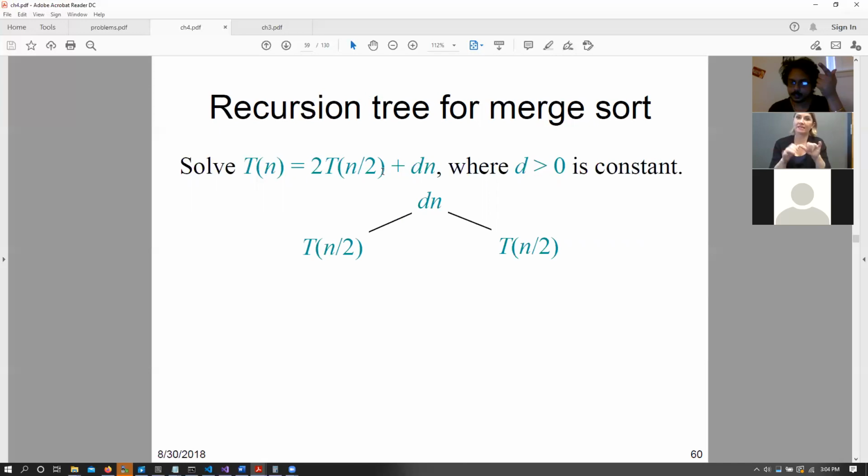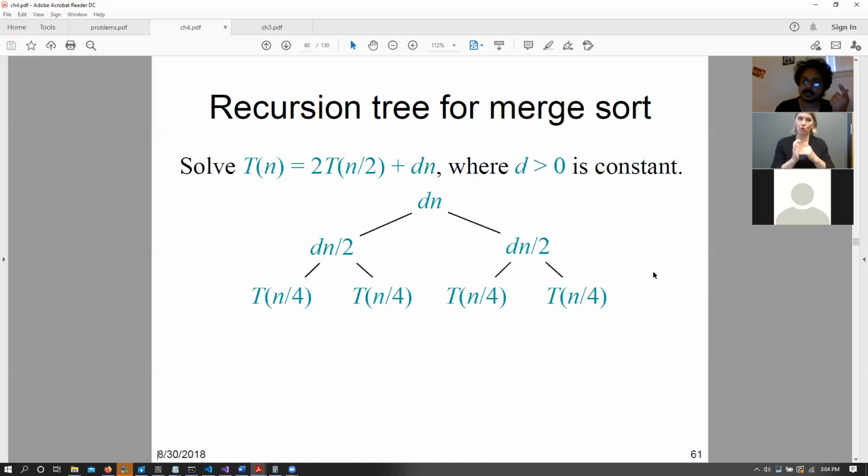We separate that into two halves, and in order to combine them together, we need a time complexity of D of n, right? Then for further recursion calls, we separate those arrays again into T n by 4, T n by 4, T n by 4, T n by 4. So 4 T n by 4 subparts. We're merging each of those quarters. So two of those quarters require D n by 2 time complexity.